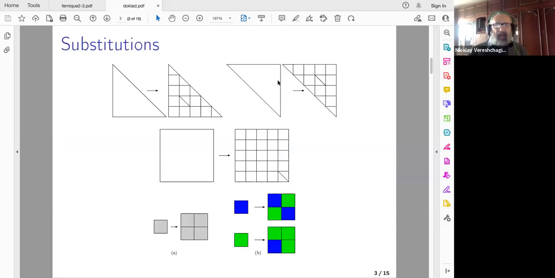Okay. And now I will define what a substitution means. So substitution is the main tool of constructing aperiodic families of tilings. We call a family of tilings aperiodic if all the tilings from that set have no periods.